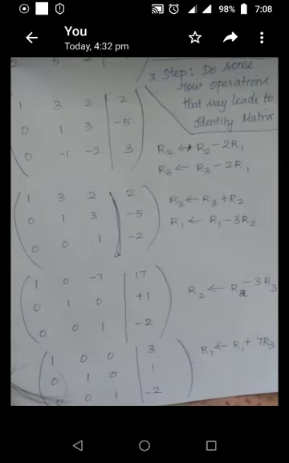Here what we are getting is that the first column has two values that are 0. We did the same row operation on R2 and R3, which I have highlighted on the right side. After that we get the values as this.